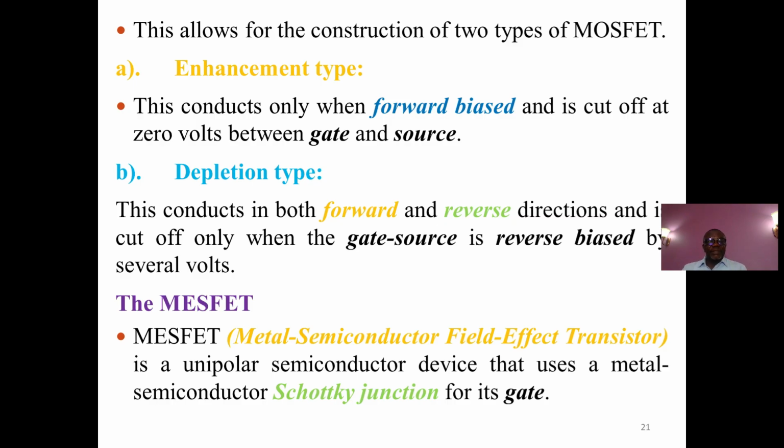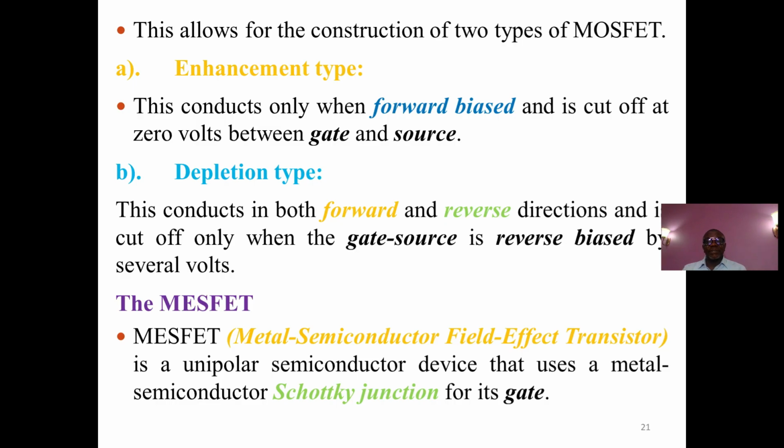Then the last one, which is the MESFET, otherwise known as the metal semiconductor field effect transistor, is a unipolar semiconductor device that uses a metal semiconductor which works at the Schottky junction level for its gate. We have also looked at Schottky diodes.